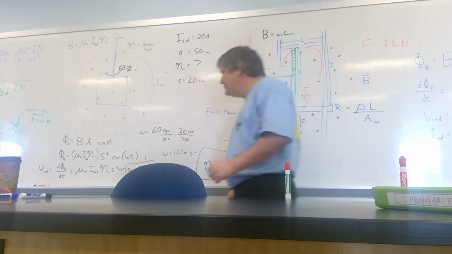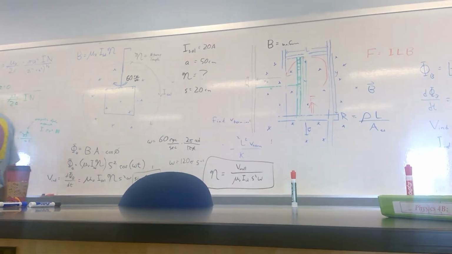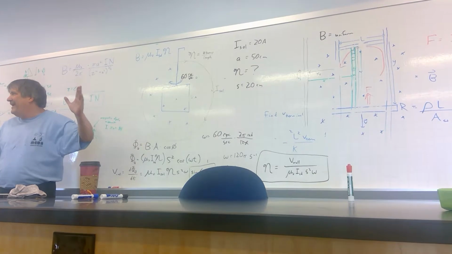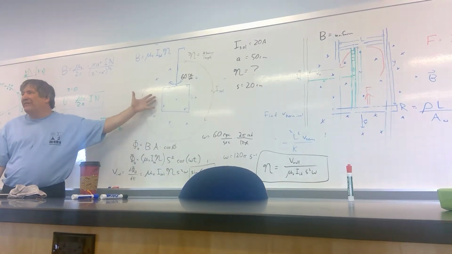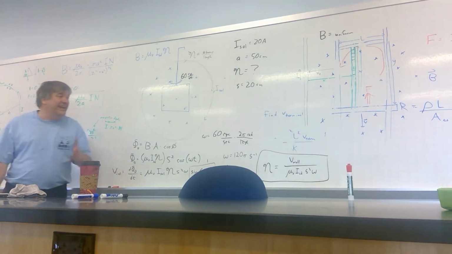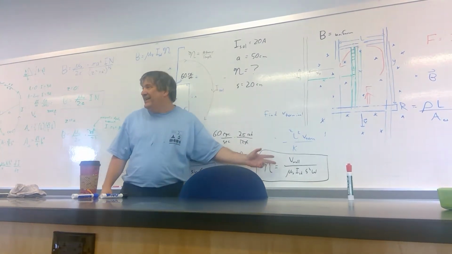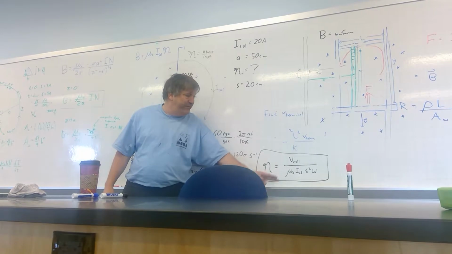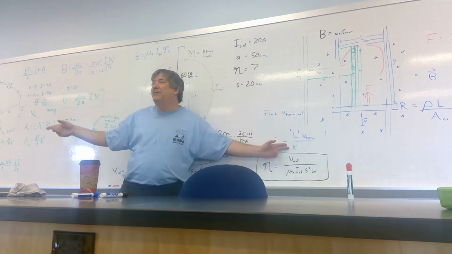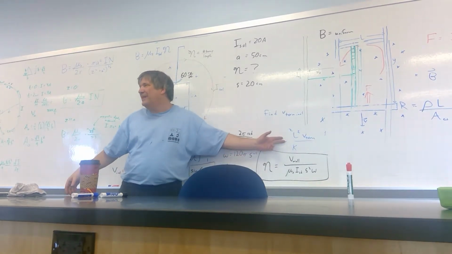Why didn't we solve this for N? Because we were saying, how many turns per unit length do I need to wire into my solenoid if I'm going to duplicate wall current by spinning that rectangle? And again, what you'll find is this is going to be a freaking huge number. This is 100 volts. Mu naught is about 4 pi times 10 to the negative 7th, which comes out to 10 to the negative 6. I'm dividing by 10 to the negative 6, which means I'm multiplying by 1,000,000.